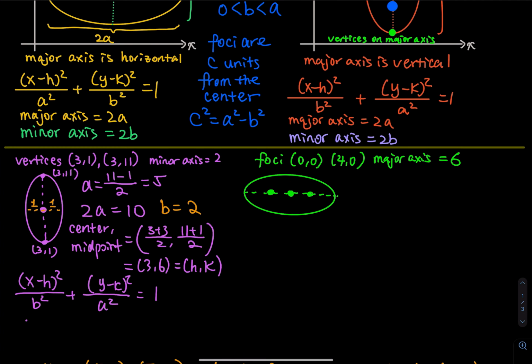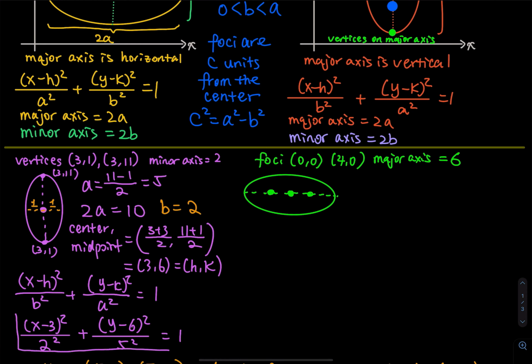As a result, we have (x minus 3) squared divided by b squared, where b is equal to 2, so 2 squared, and then (y minus k) squared, where k is 6, divided by a squared. So a is equal to 5, then this is 5 squared, and that is equal to 1. And then you box this.